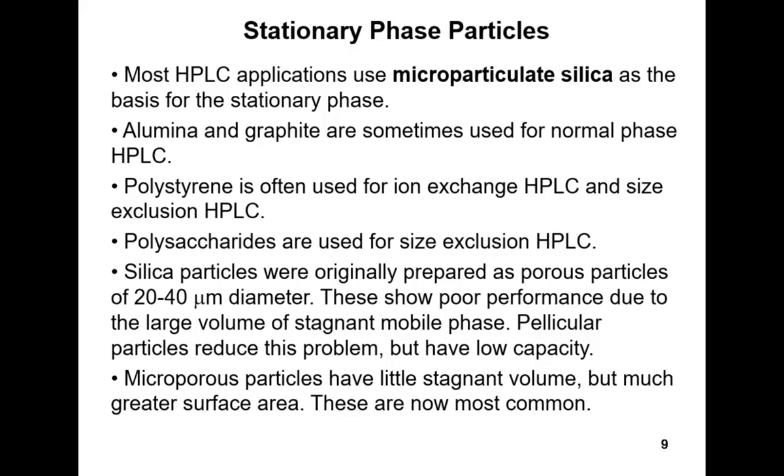So when HPLC was developed in the 1960s, the manufacturing processes available could only really produce relatively large particles, 20 to 40 microns.